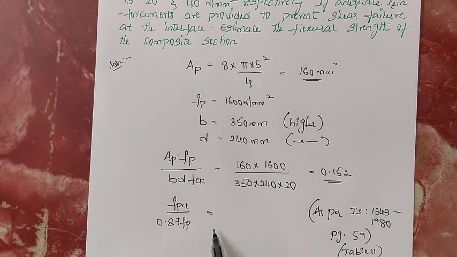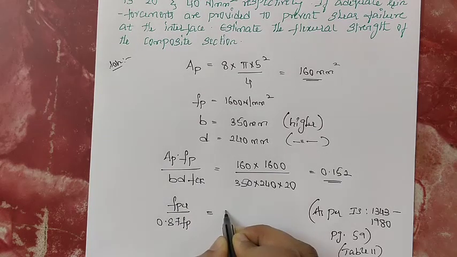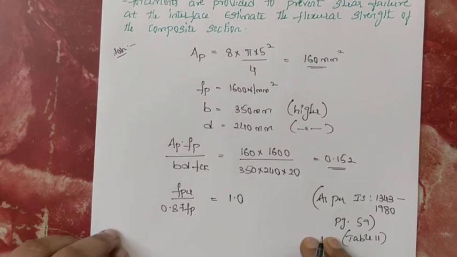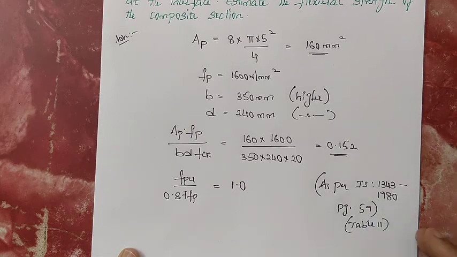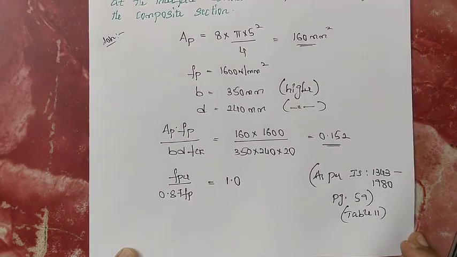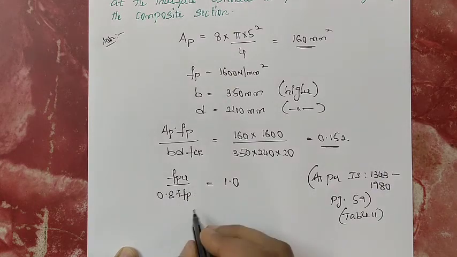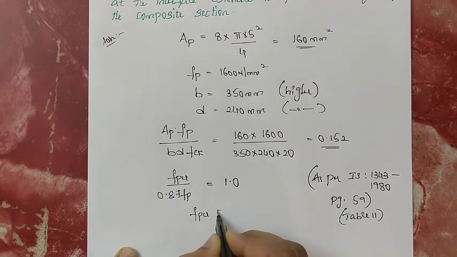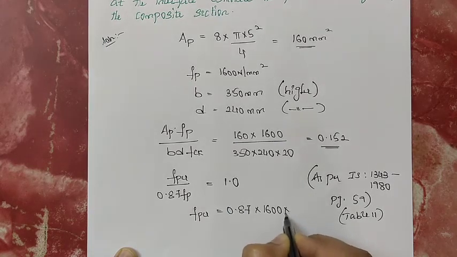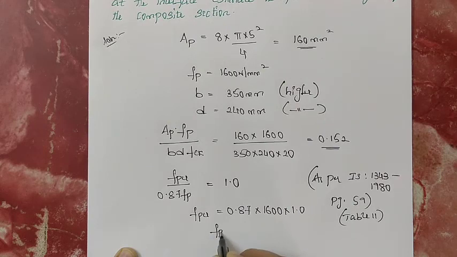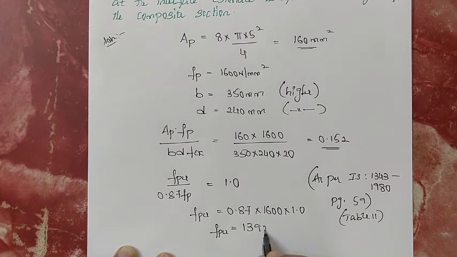Observe the table, FPU by 0.87 FP, you will get it as 1. Then calculate FPU here. FPU equal to 0.87 into FP value 1600 into 1. You will get it as 1392 Newton per mm square.